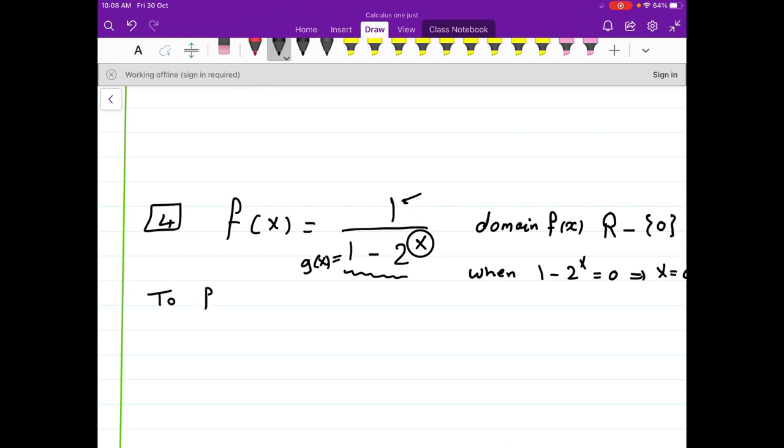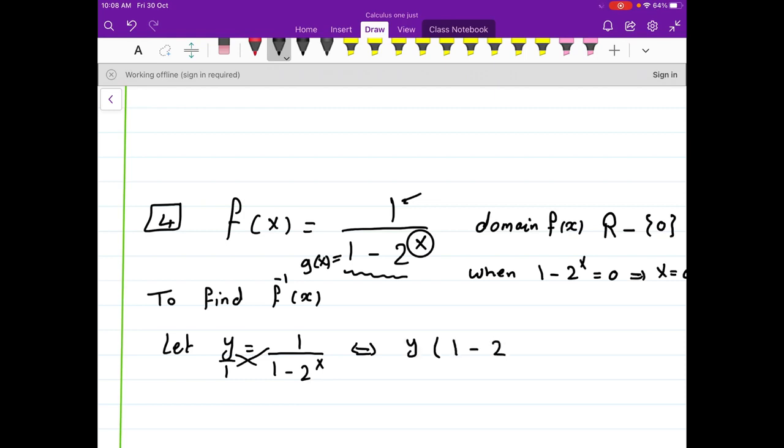To find f inverse(x), let y equal 1 over 1 minus 2 to the power x. Okay? Multiply, so you get y times (1 minus 2 to the power x) equal 1.